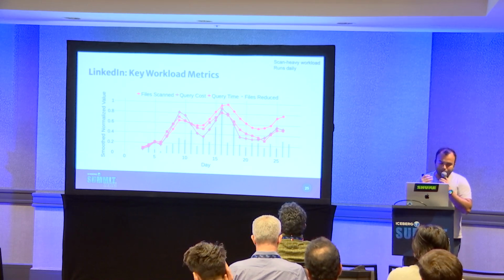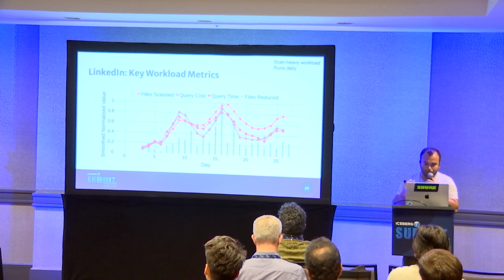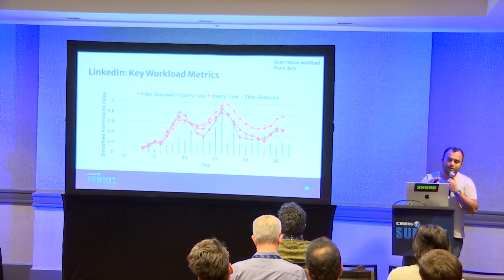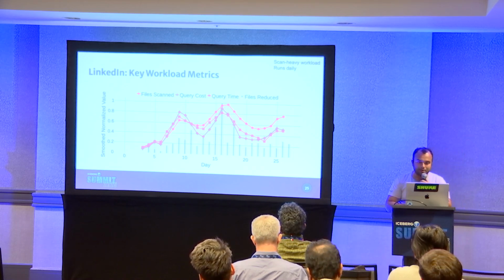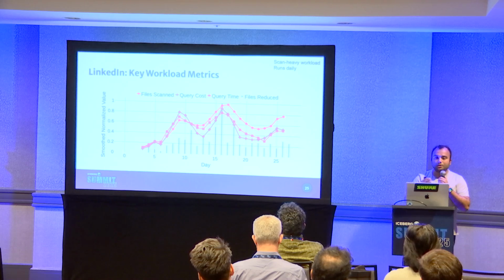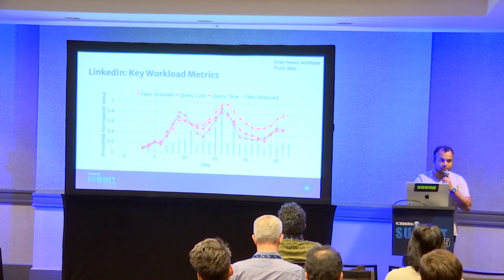But it's a really hard problem to explain the impact of compaction on the workload characteristics, and that's something we wanted to do, and that's where Jesus is going to talk about how we simulated this in synthetic benchmarks and show the numbers.